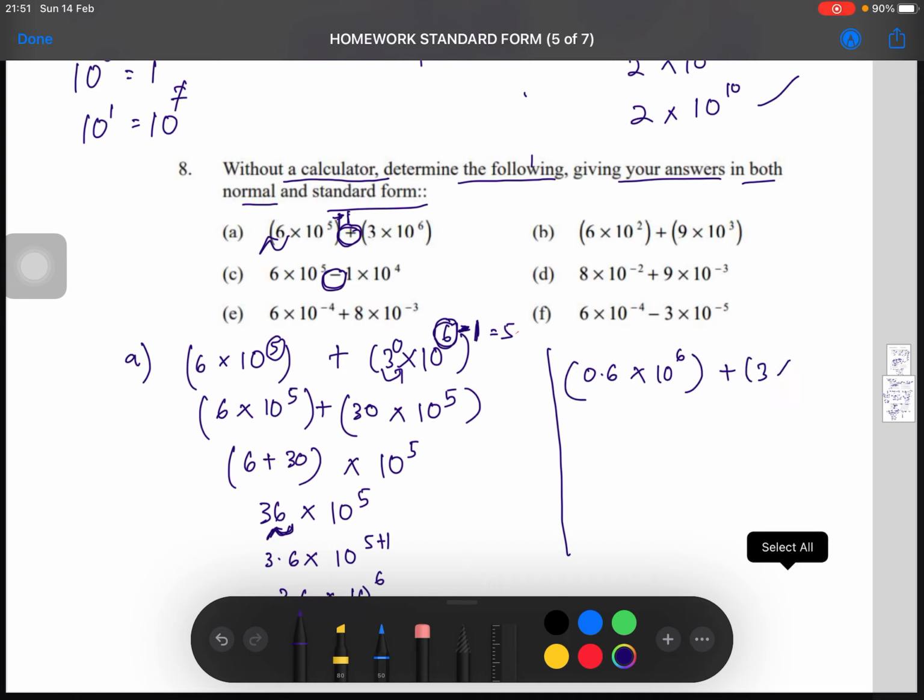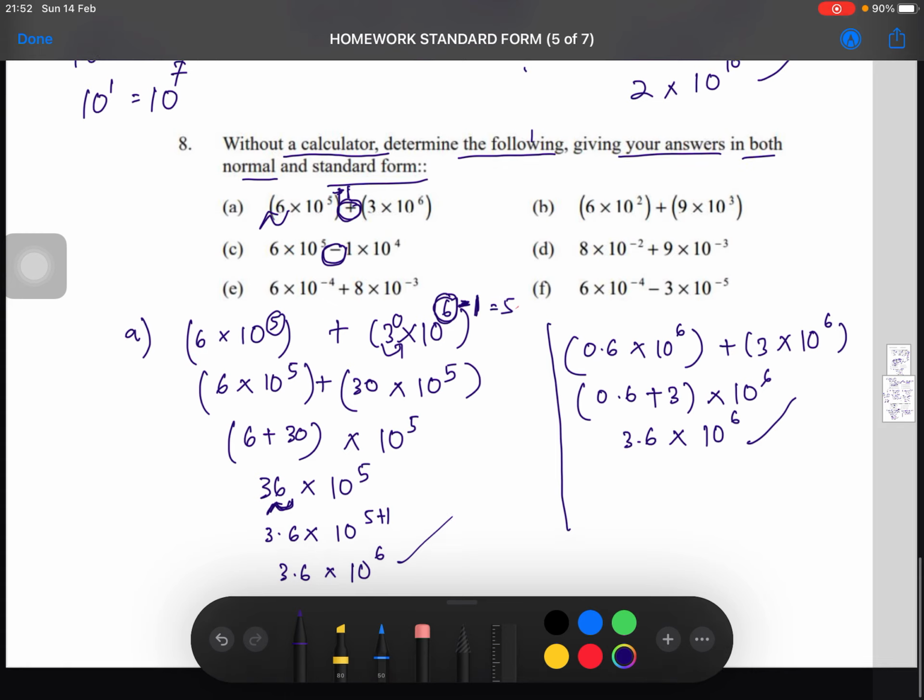plus 3 times 10 to the power of 6. Okay, then the power is the same, you proceed with 0.6 plus 3 times 10 to the power of 6, 3.6 times 10 to the power of 6. Okay, you get the answer directly in standard form if you choose the power as 6.